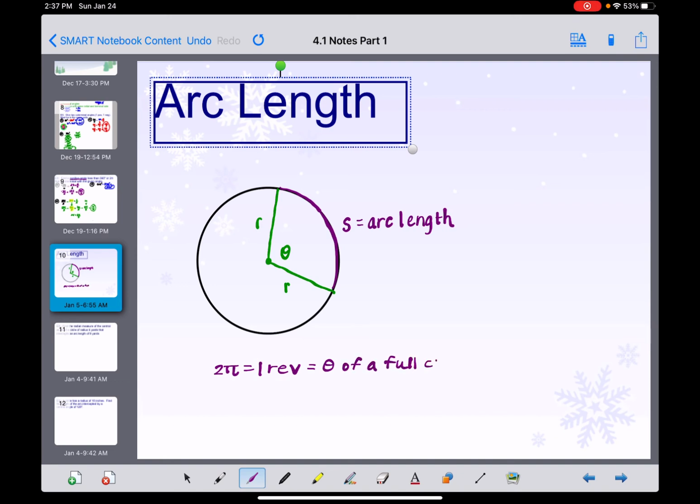That's the idea behind the fact that circumference is 2 pi r. Well, we're not talking about a full circle here; we're talking about arc length. We're talking about a piece of it. So our formula is S equals R times theta, but the key is that theta must be that central angle in radians.